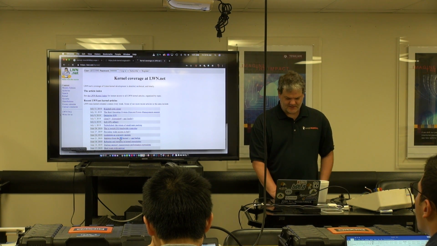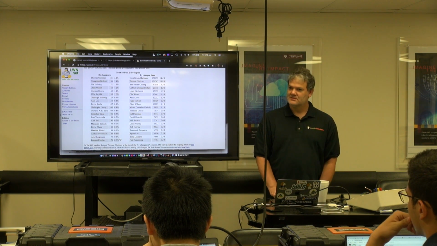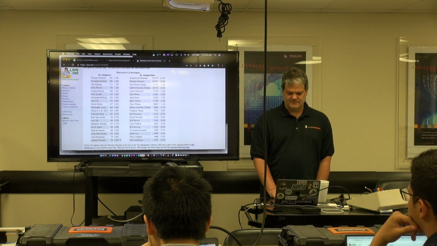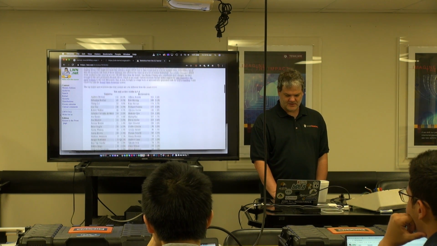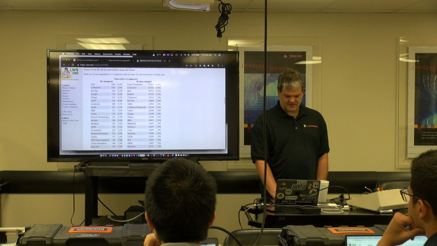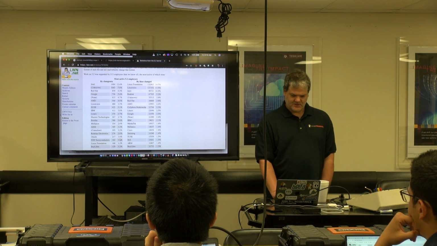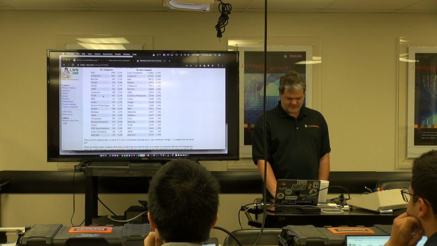Okay. Statistics in the 5.2 kernel. So who's writing the kernel? A lot of times they'll break it down by the different companies that people are contributing for. Intel's the top. TI used to be in the top 5 or 6.